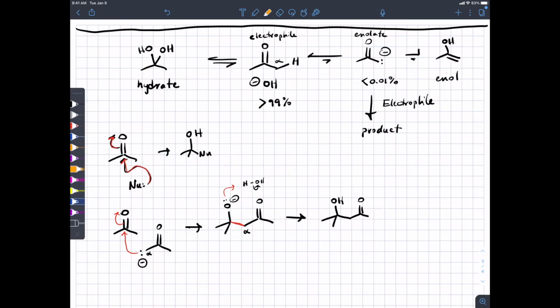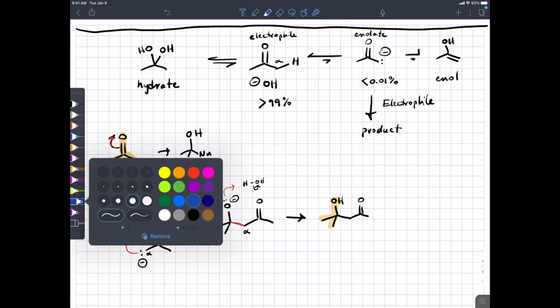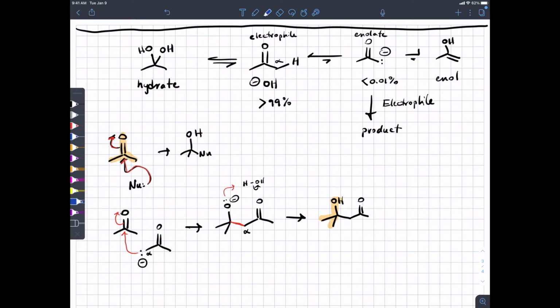This portion of the molecule was the electrophile, and this portion of the molecule was the nucleophile. This portion was the enolate. This portion was the carbonyl compound.